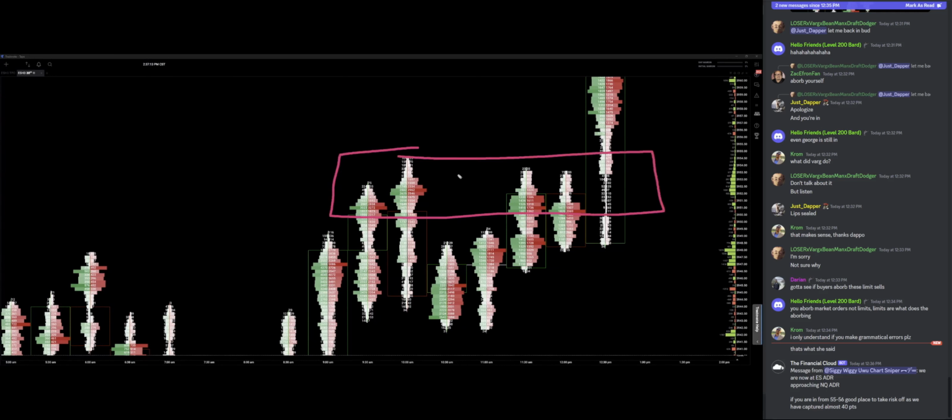Why is this area important? Other than it being the highs. Why is it the highs?